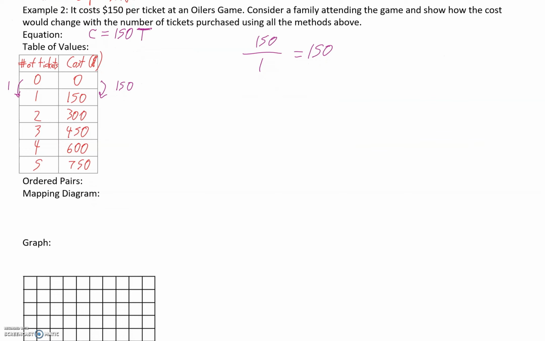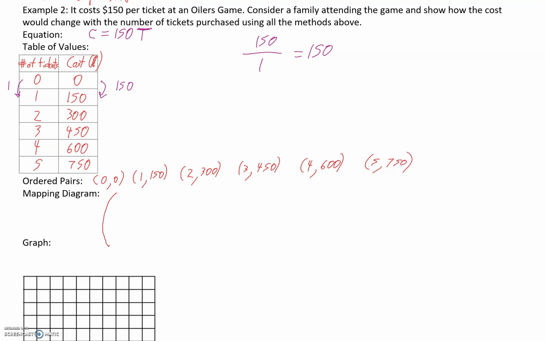Okay, if we think about ordered pairs, we would write 0, 0, 1, 150, 2, 300, 3, 450, 4, 600, and 5, 750.